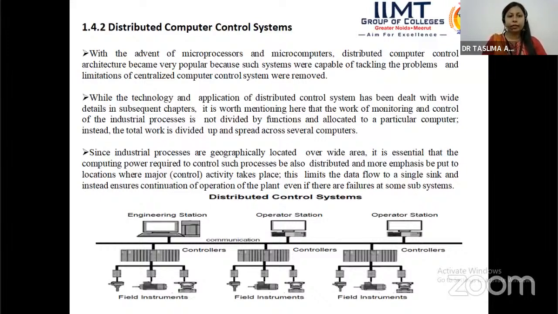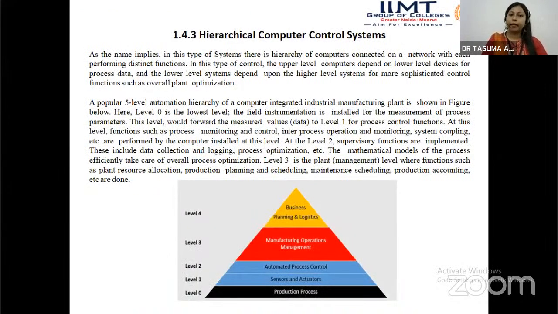Therefore the main advantage of distributed is that the function is divided into different parts, and we can handle one function when there is a problem in another function. That's why it is also used nowadays in field instrumentation.